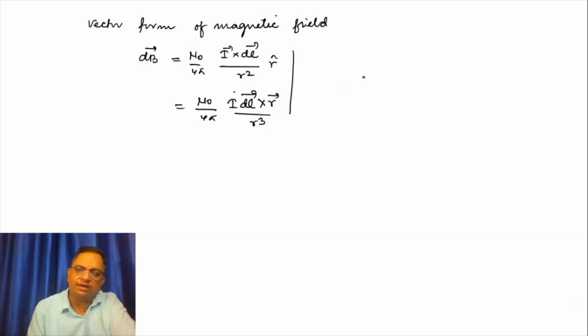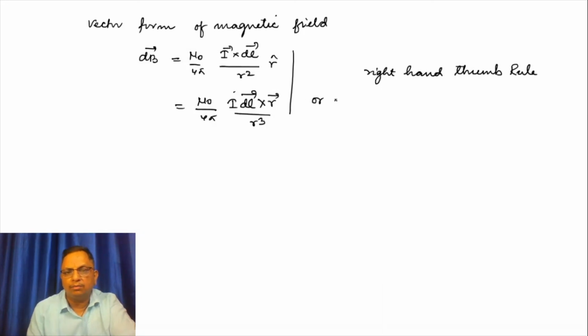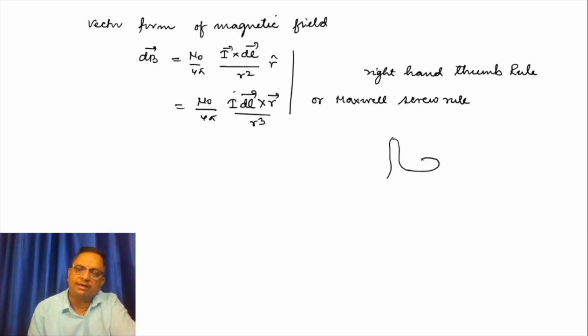Now what will be the direction of magnetic field? Magnetic field direction is found with the help of right hand thumb rule or Maxwell screw rule. If we stretch the thumb of our right hand in the direction of current, the curled fingers will represent the direction of magnetic field.